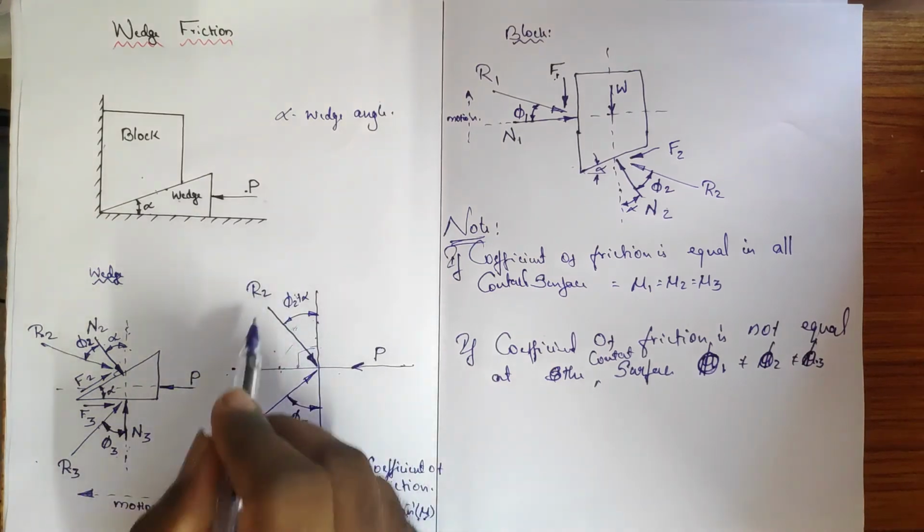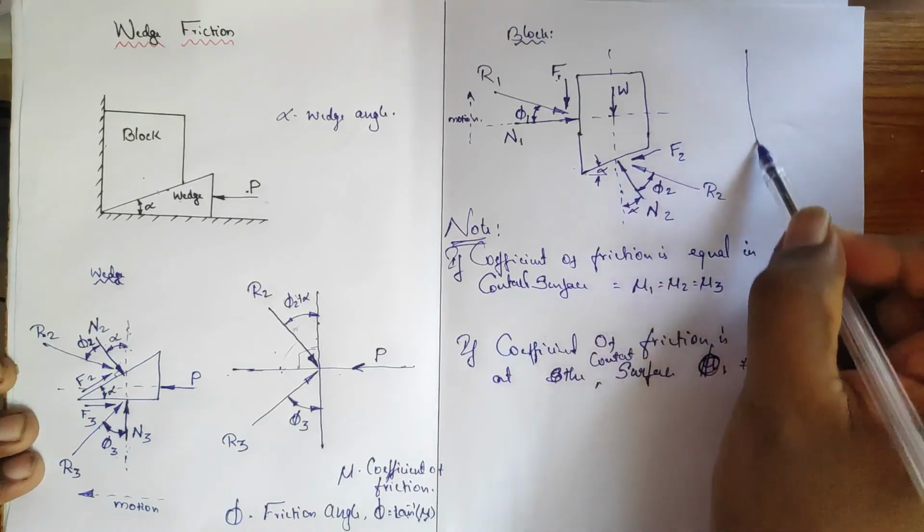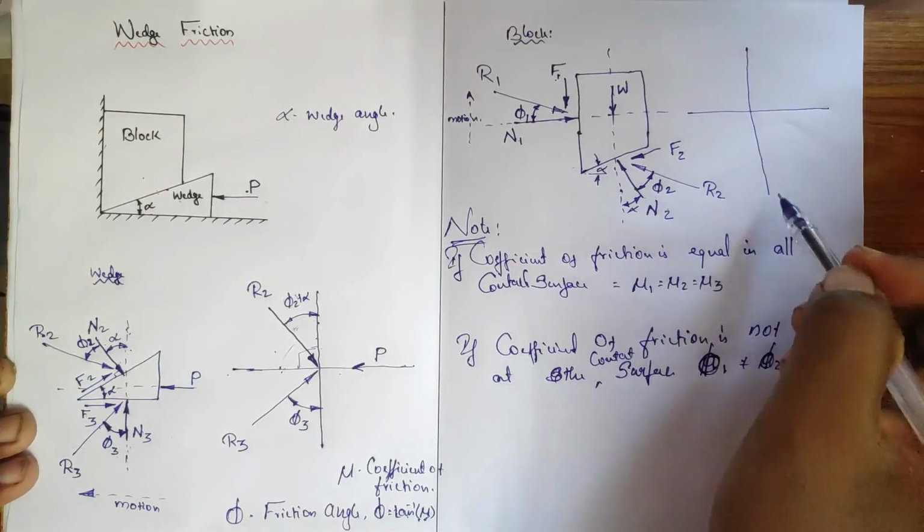So the number of forces is reduced to 1, 2, 3. In a similar manner, for the block, this is the x and this is the y.